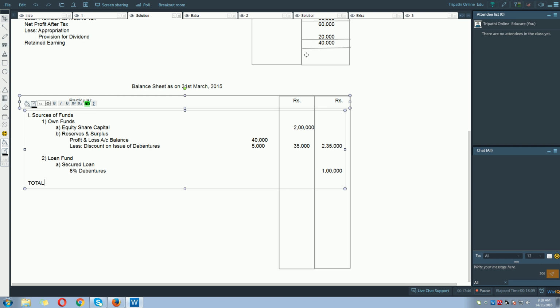Under this we have 8% debenture, which is 1 lakh rupees. Now you can take the total. You will get the total of the liability side, that is 3,35,000.